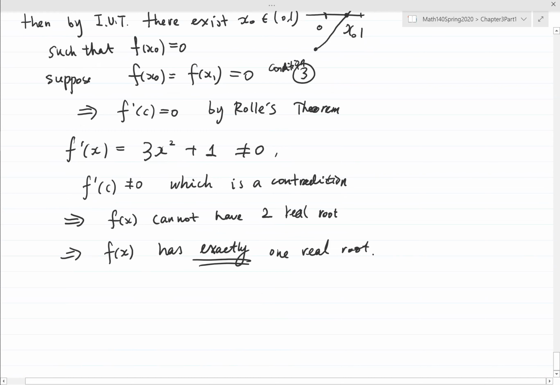What we did is, by Rolle's theorem, if the two function values are both 0, they satisfy condition 3. Now 1 and 2 are automatically satisfied because here we have a polynomial, so it's continuous and differentiable. So by Rolle's theorem, we can conclude that there exists a point c such that the derivative at c is 0.